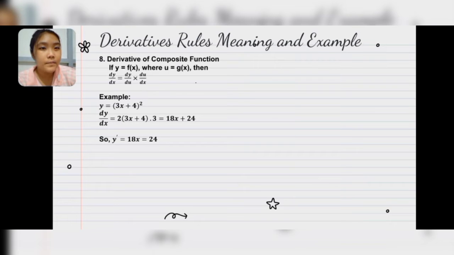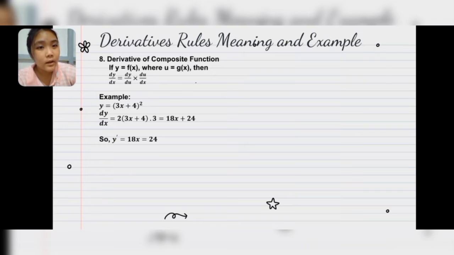and then x in 3x, we reduce the power with 1, and then 1 minus 1 is 0, so we don't have to type again, so we type 2 3x plus 4 multiply by 3 and then equal, we use schema multiplication again, 2 multiply with 3x equal 6x, and then 6x we multiply with 3 is 18x, and then plus 4, and then plus 24.